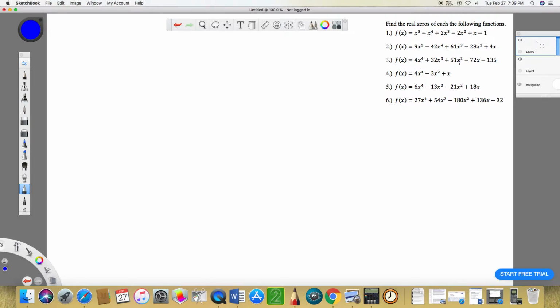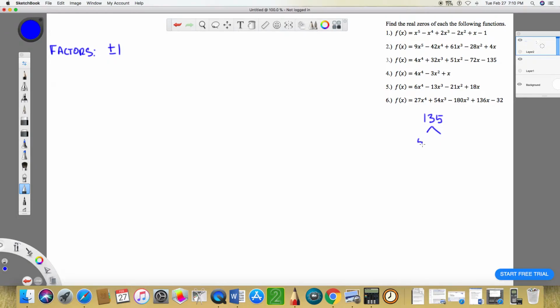Now to use this rational zero theorem, we look to the constant term, this 135, and we write the factors of 135. So I need to think about how 135 breaks down to a product of prime numbers so I can see what integers divide 135.